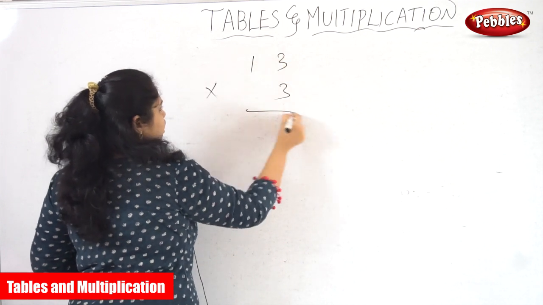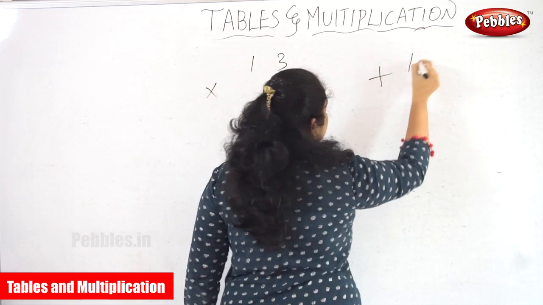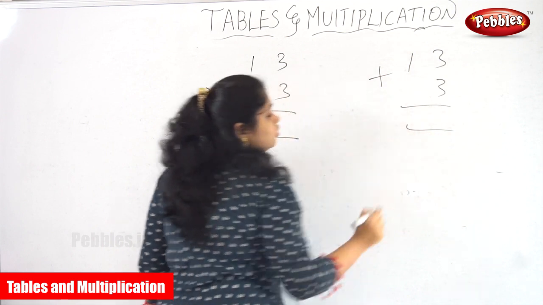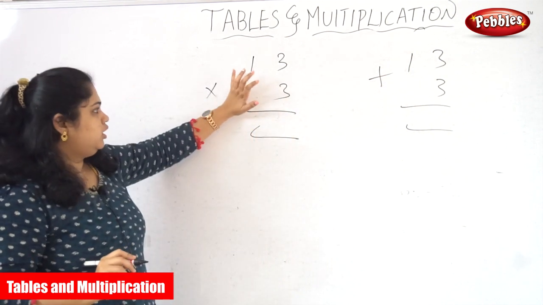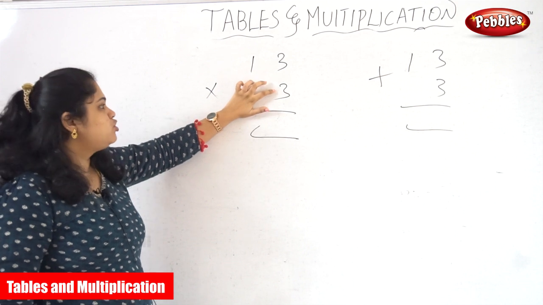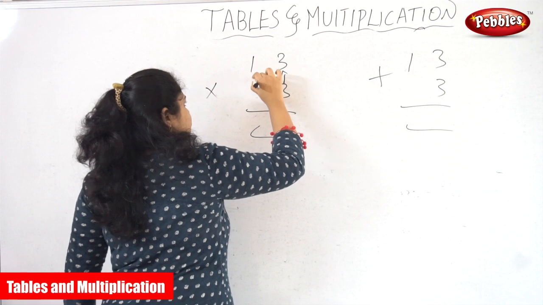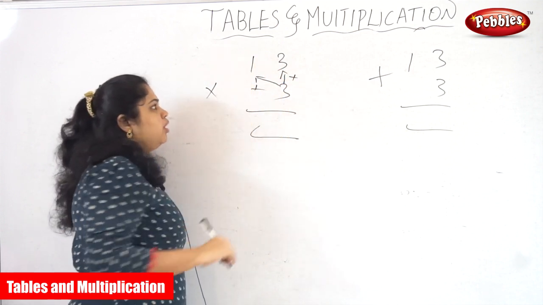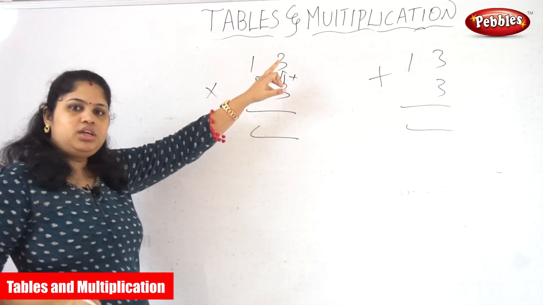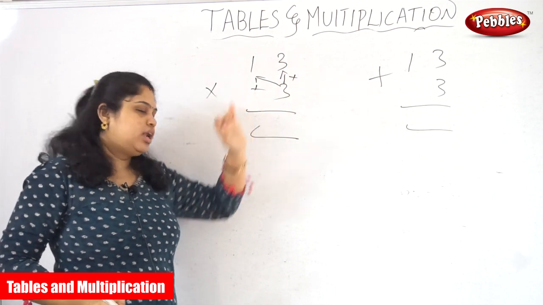13 into 3. Here, 13 times 3. See the bottom number: it should be multiplied with both numbers. 3 into 3 is 9. Very good.